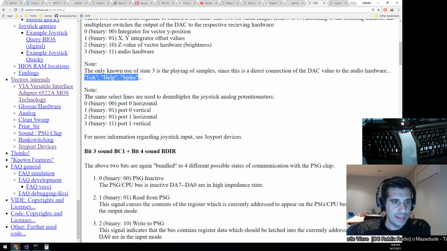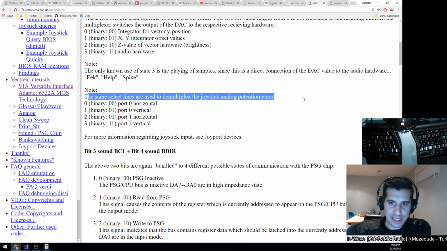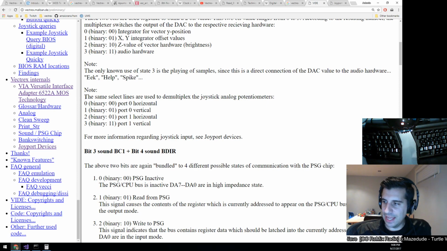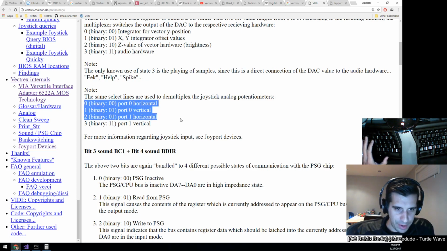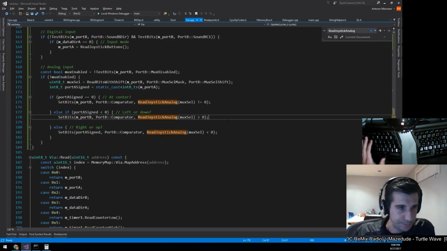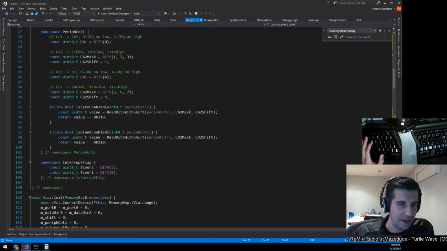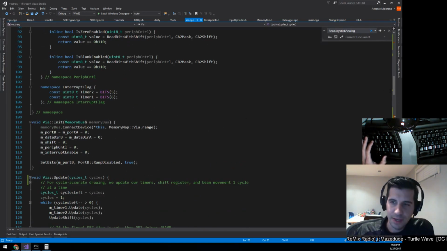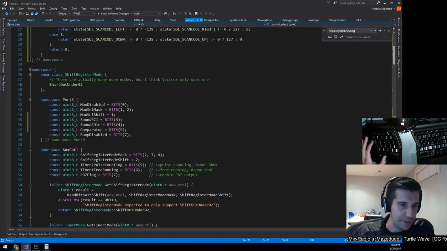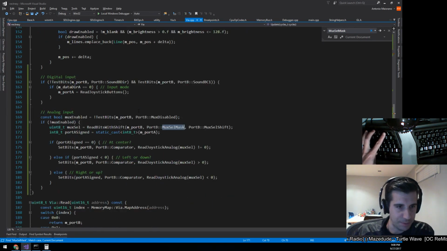What's interesting too is this is what I had also deduced last time, that the same select lines are used to demultiplex the joystick analog potentiometers. So if you may recall, if you saw me last stream, I had figured out that they're using the same mux bits, bits 1 and 2 with the mux selection mask here.